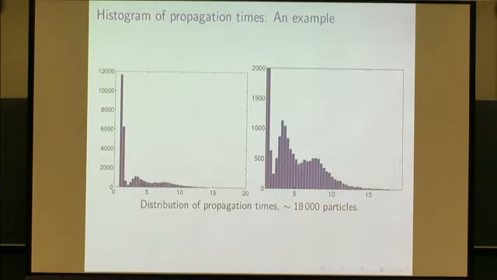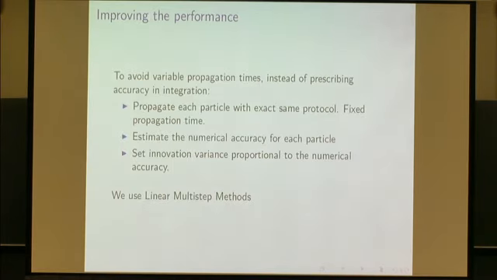And this is for some selected particles, so there was some pre-selection done, and this just shows that some of them may take 18, 20 times longer than others to integrate. So you're idling there.